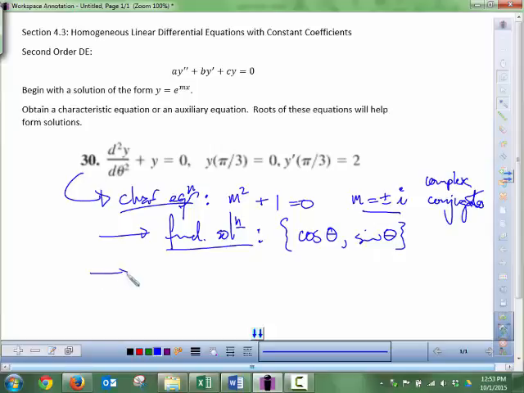Your general solution will look like this. y is equal to some arbitrary constant times one of the fundamental solutions plus another arbitrary constant times your other fundamental solution.